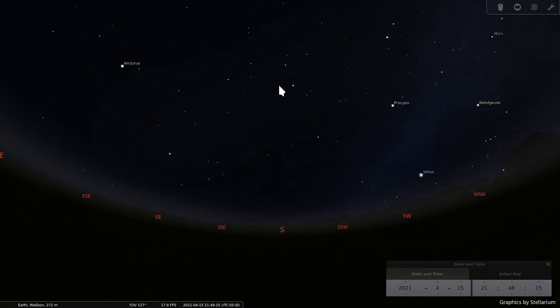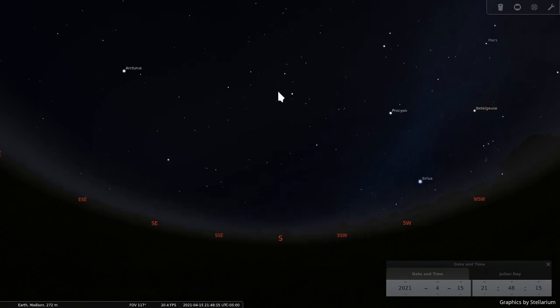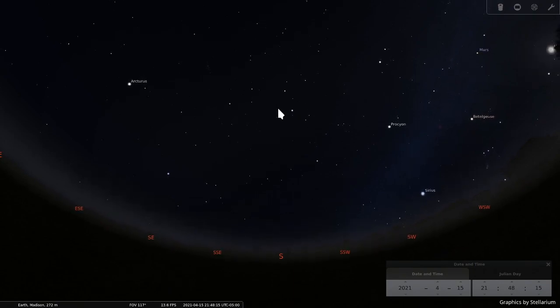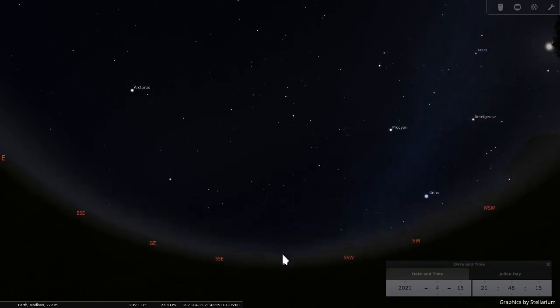Stellarium is labeling the cardinal points, the directions along the horizon for us. And right in front of us, as we're looking south, we have on the meridian, which is the line that stretches from north to south and directly overhead through the zenith, right on the meridian, we have the constellation Leo. Perhaps you see it there.